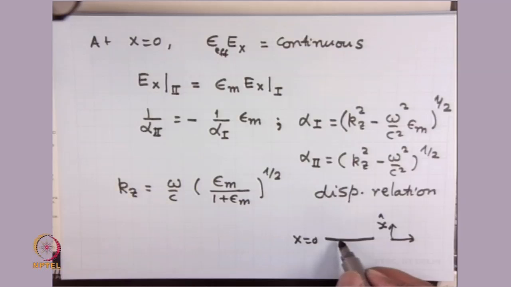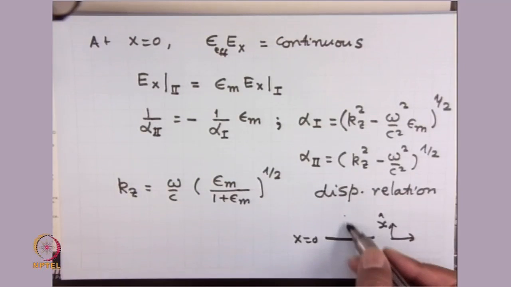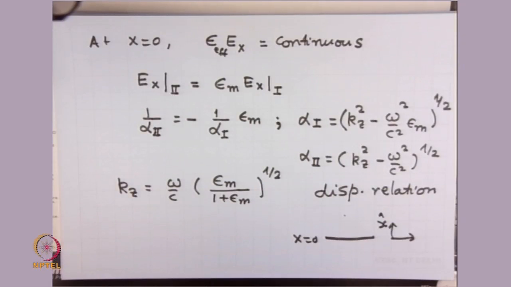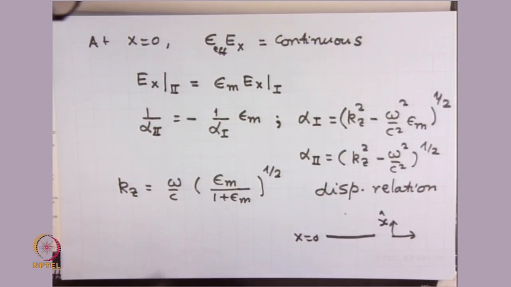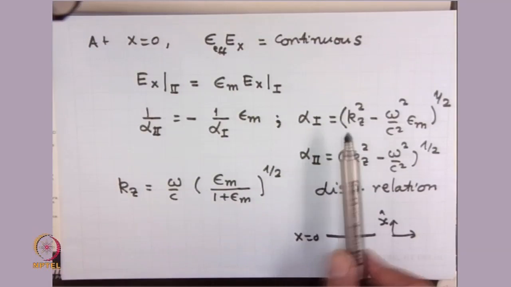If I want my field amplitude to fall off with x either in the upward direction or downward direction, then alpha 1 and alpha 2 should be real, or should have a large real part. This will happen only when kz is bigger than this quantity, and kz is bigger than omega by c also. So, what we are looking for is that kz is bigger than this quantity.